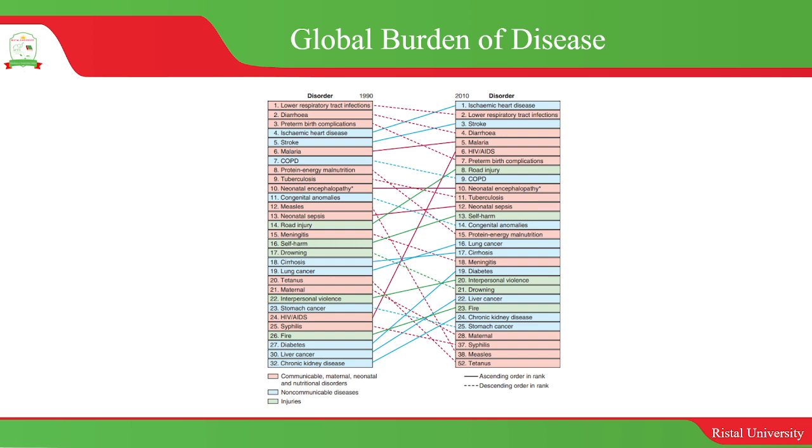But now we have ischemic heart disease being the leader. Okay, so we can see that over the years there are changes in terms of what conditions are causing many deaths.